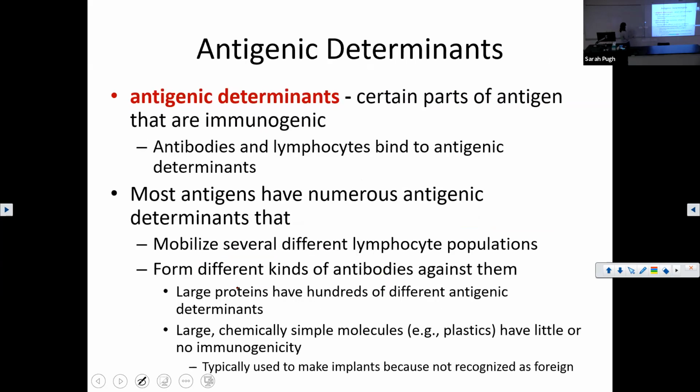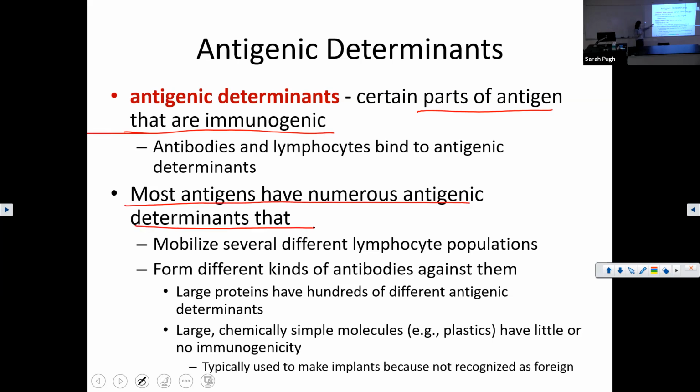Now, when we talk about antigens, I also want to bring up this term up here at the top called an antigenic determinant. This is the part of the antigen, the foreign antigen, that's immunogenic. This means this is the part where antibodies and T cells are going to bind to it. Okay, so a lot of times what we'll find is that most antigens have lots of antigenic determinants.